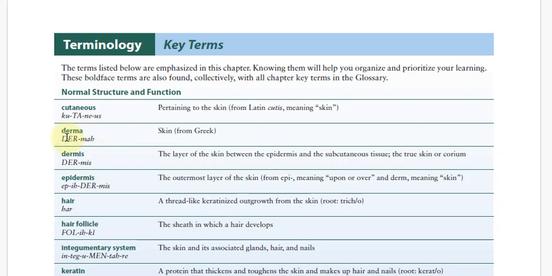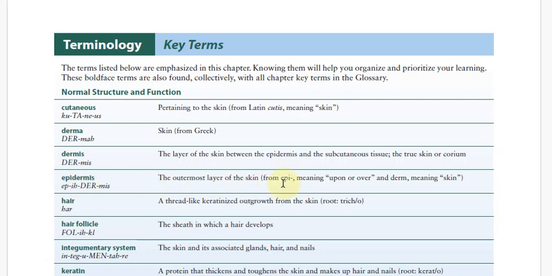Derma, which is again skin, but from Greek. Dermis, the layer of the skin between the epidermis and the subcutaneous tissue. Epidermis, the outermost layer of the skin.